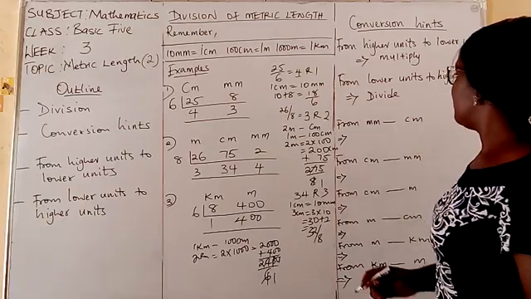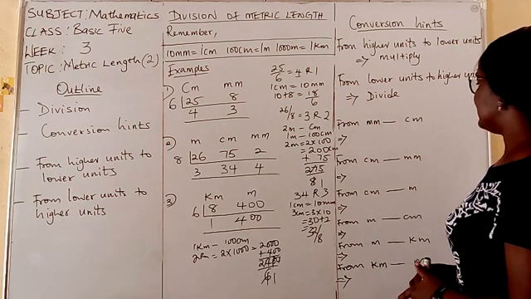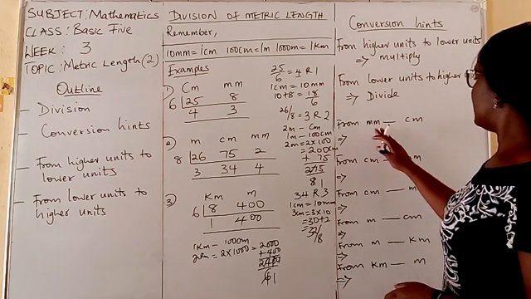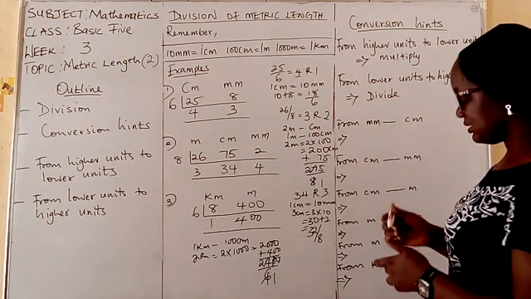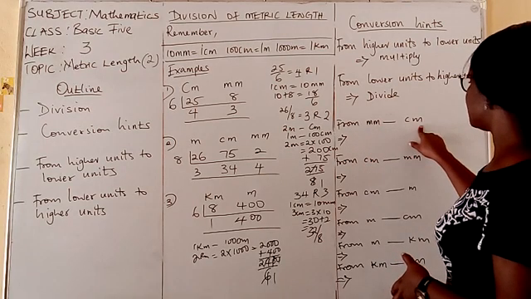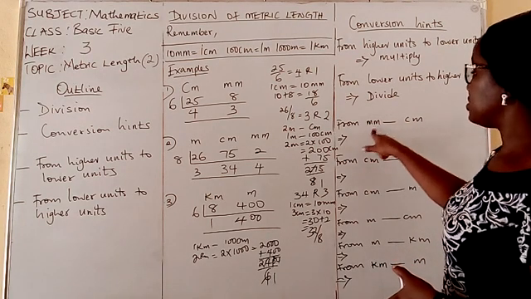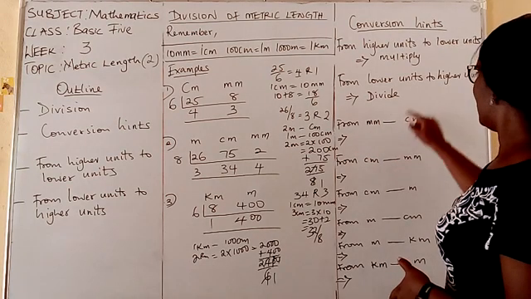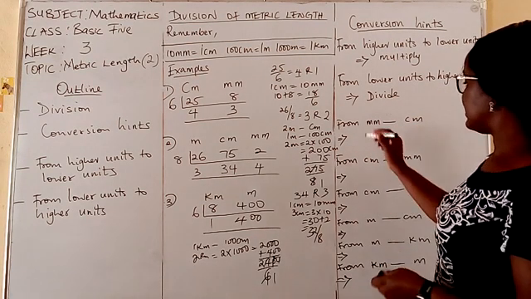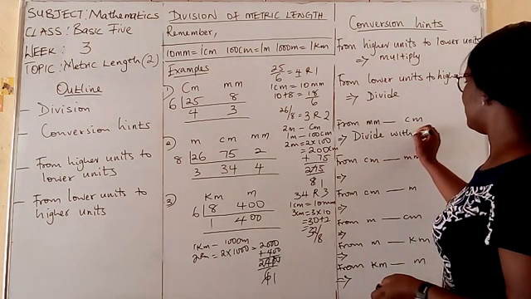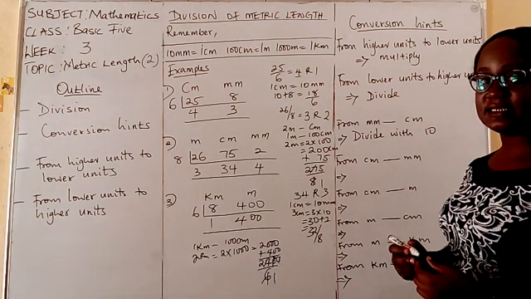Having that in mind, let's look at converting from millimeter to centimeter. Remember, 10 millimeter will give us 1 centimeter. So that means you're converting from lower to higher, and you divide with 10. Is that clear?